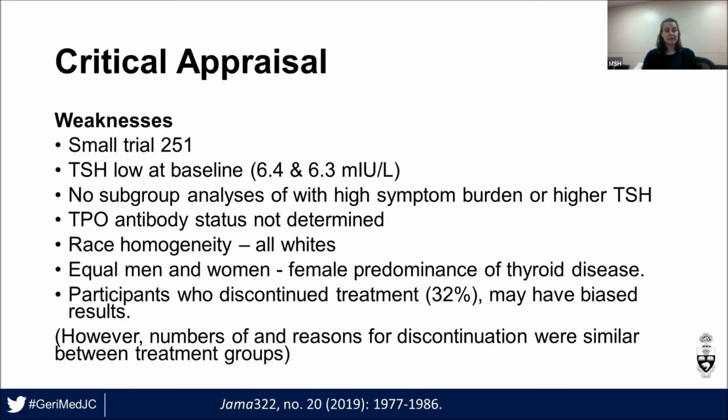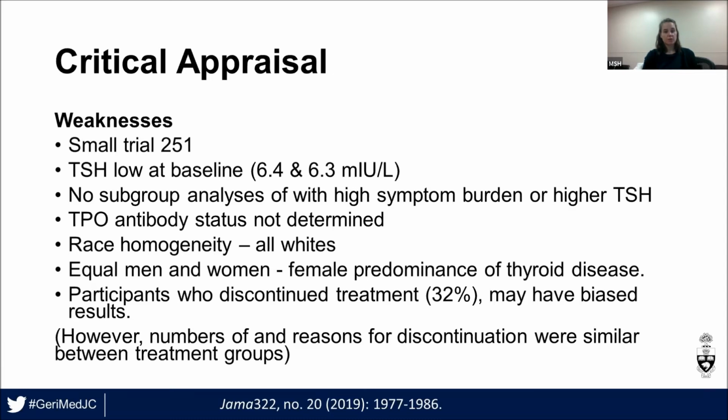The weaknesses, it's small, only 251 participants. The TSH was low at baseline, only 6.4 and 6.3 was the mean. And there was no subgroup analysis with people with high symptom burden or high TSH. The TPO antibody status was not determined because that would be a sign they'd be more likely to convert to overt hypothyroidism.